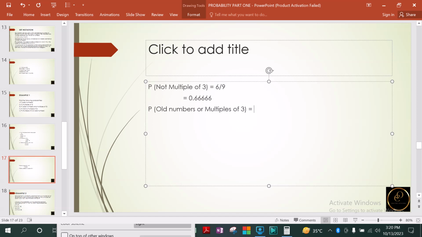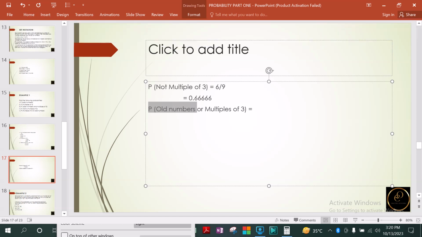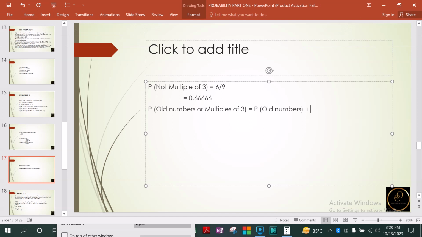So we are going to look at the probability of an odd number, and just copy this, paste it here. Probability that, then plus. Again, I put another one here. Put here this one, probability of multiples of 3.